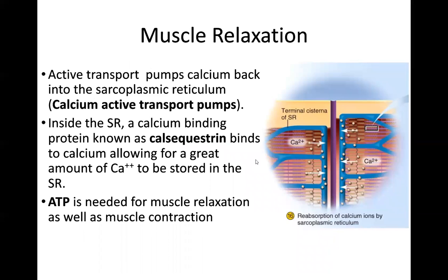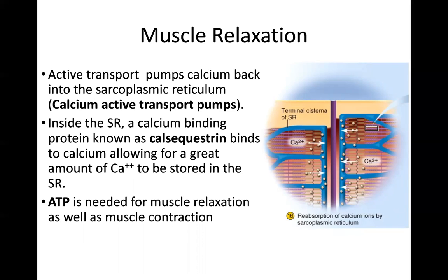Okay, so with no more action potential in the muscle fiber, we then are going to be triggering the release of calcium from the sarcoplasmic reticulum. And any leftover calcium that's out in the myofibrils and out in the sarcoplasm needs to get put back where it came from.